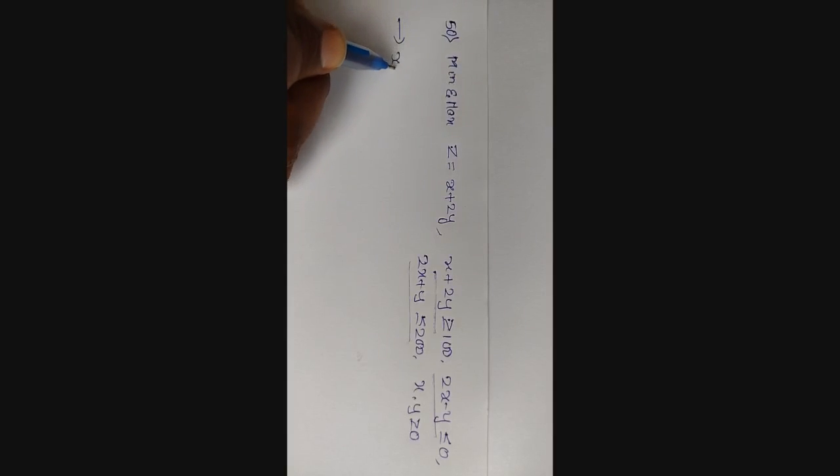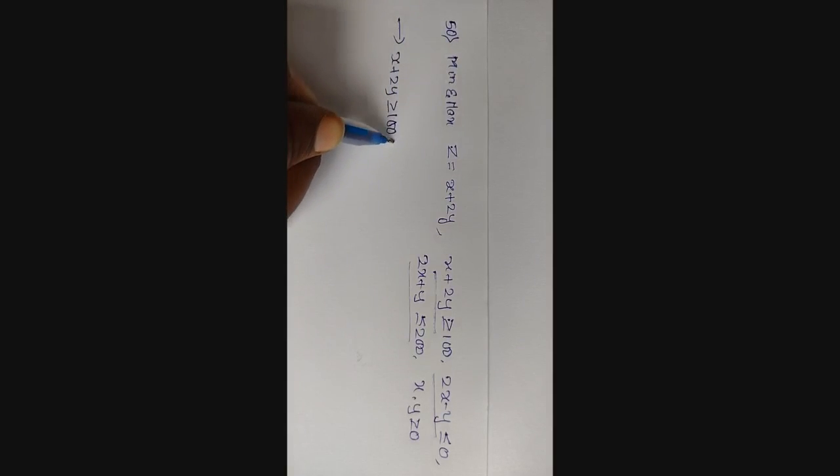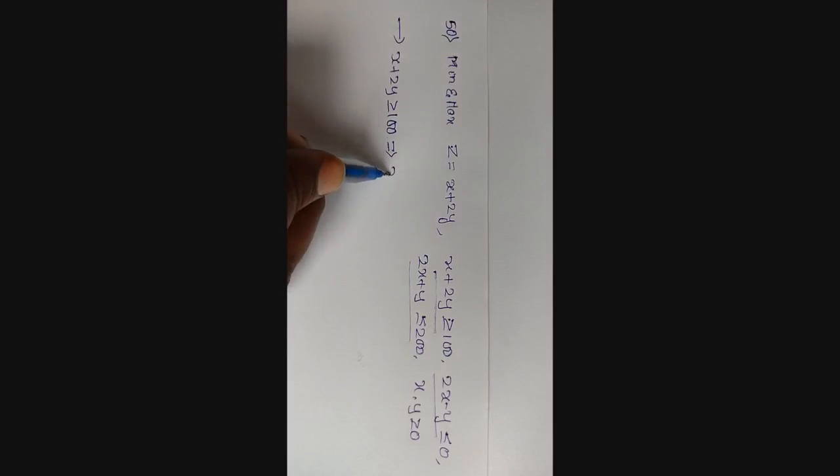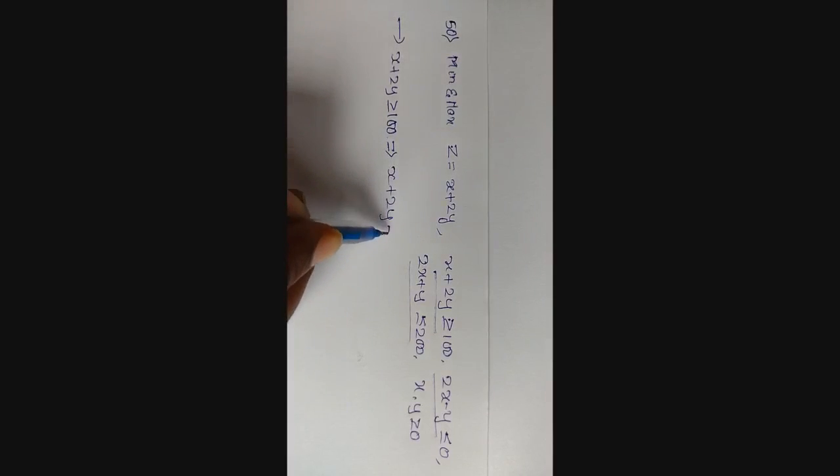So in this problem there are 3 inequalities. If any problem contains 3 inequalities, we will get 3 lines in the graph. The first inequality is x plus 2y greater than or equal to 100, which we change into the equation x plus 2y is equal to 100.